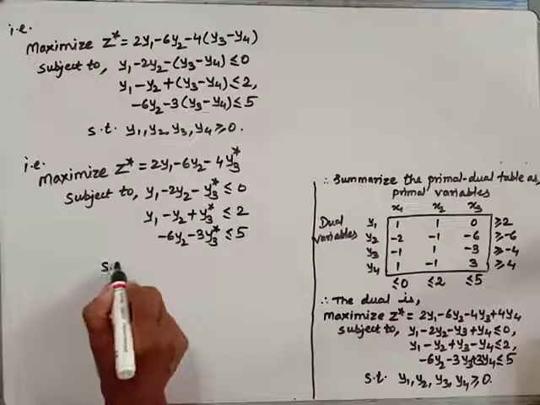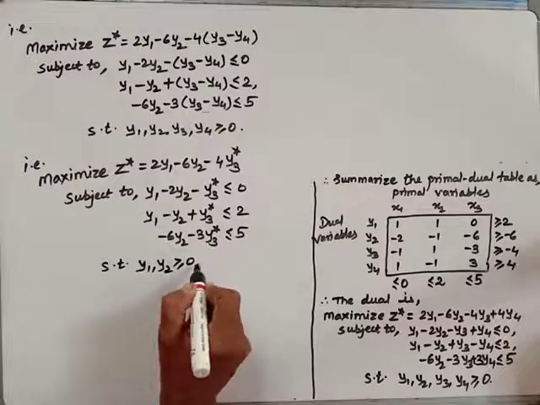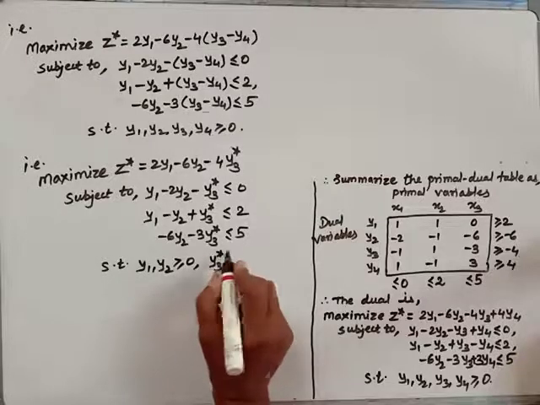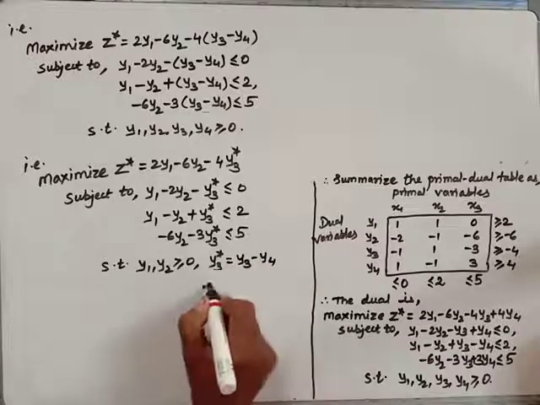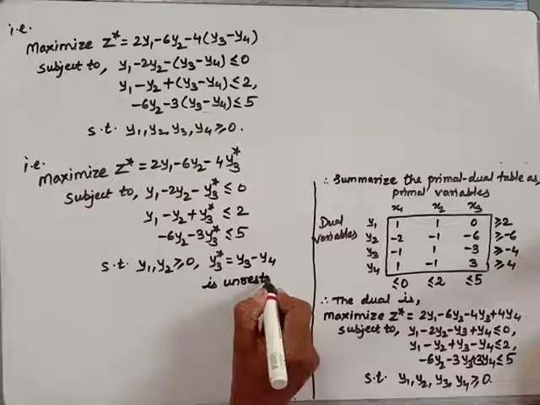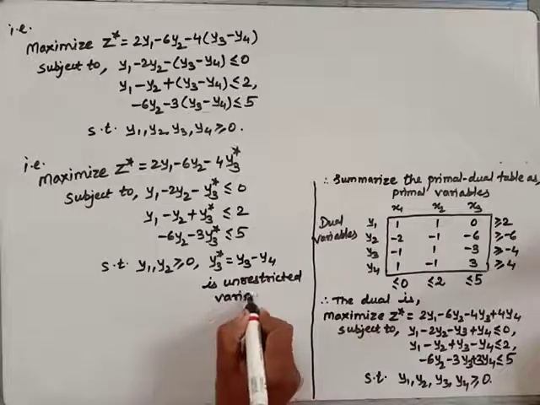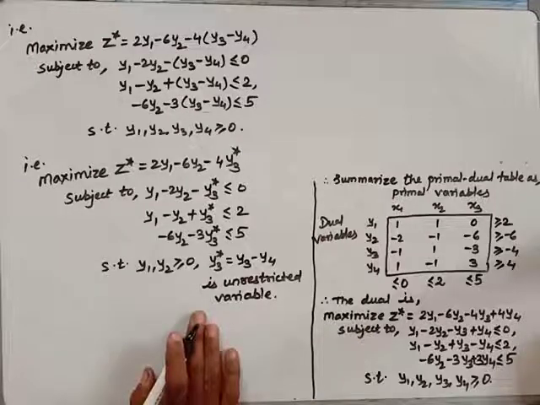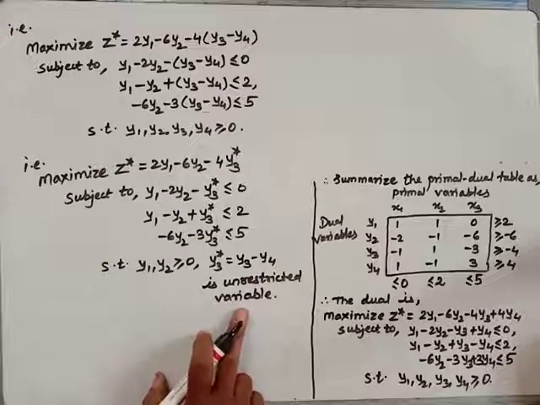So such that y1, y2 greater equal 0 and y3 star equal to y3 minus y4 is an unrestricted variable. So from this problem we get that if there is an equality constraint in a primal, then in the dual we get an unrestricted variable.